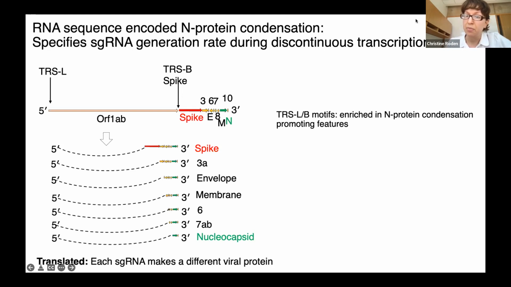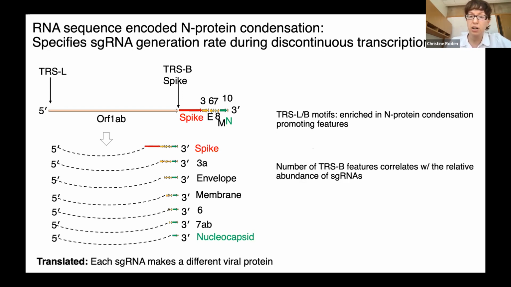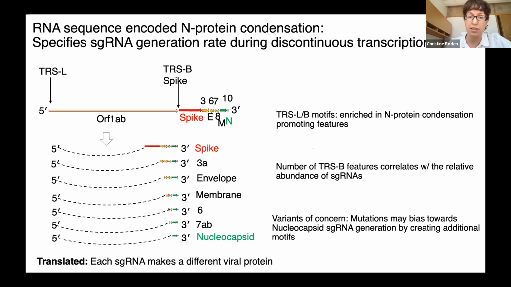And I will tell you today that TRS-LB motifs are enriched in N protein condensation-promoting features. The number of TRS features correlates with the relative abundance of sgRNAs that are generated by the virus.